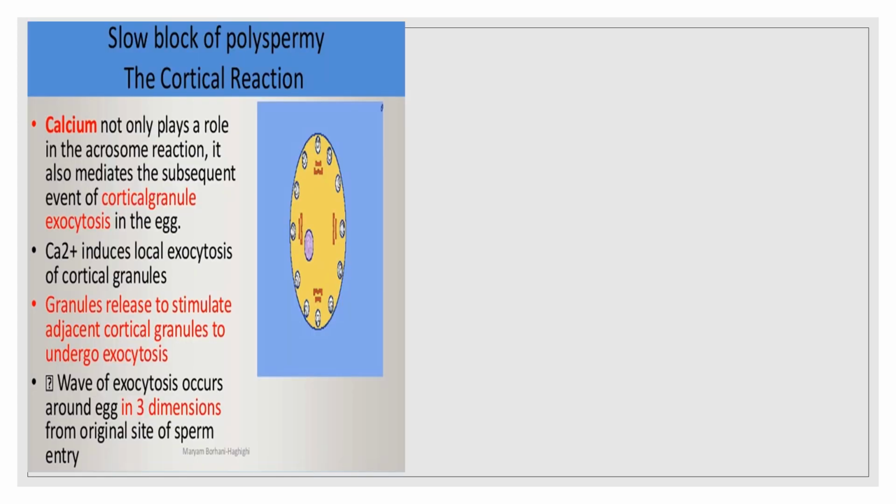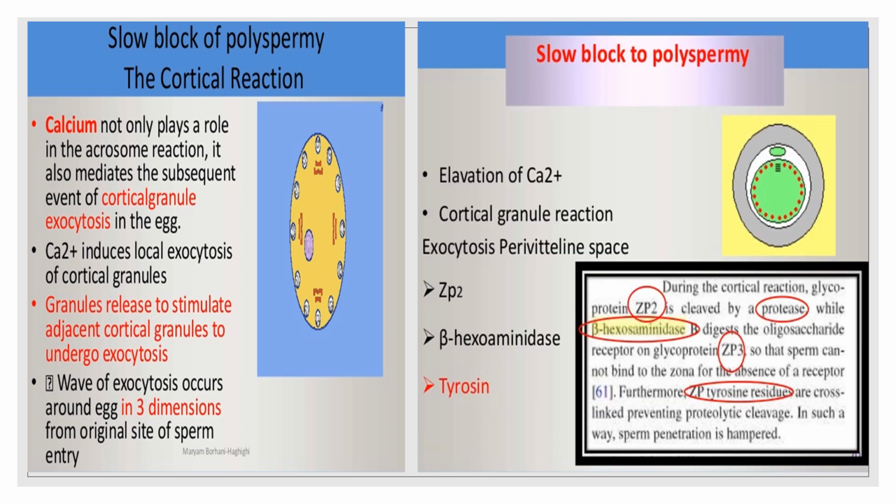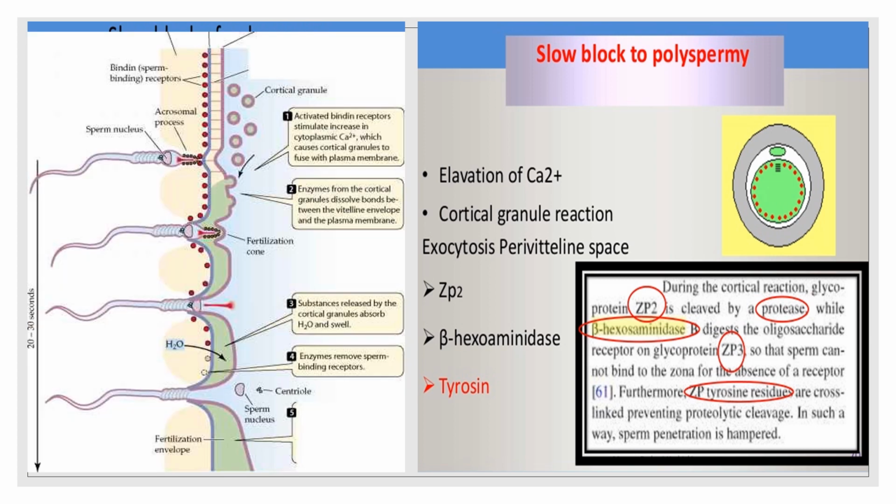Followed by that, we have discussed that these cortical granules will exocytose into the perivitelline space. Here these cortical granules have broken the bonds. Now the content that is released will absorb water and swell up. So this will form an impermeable fertilization envelope surrounding the fertilized ovum.